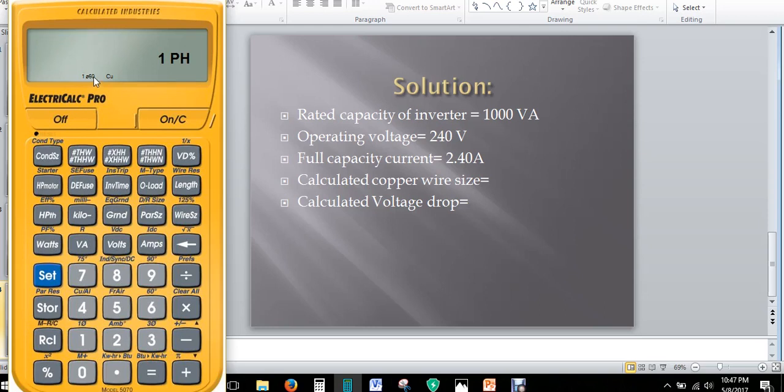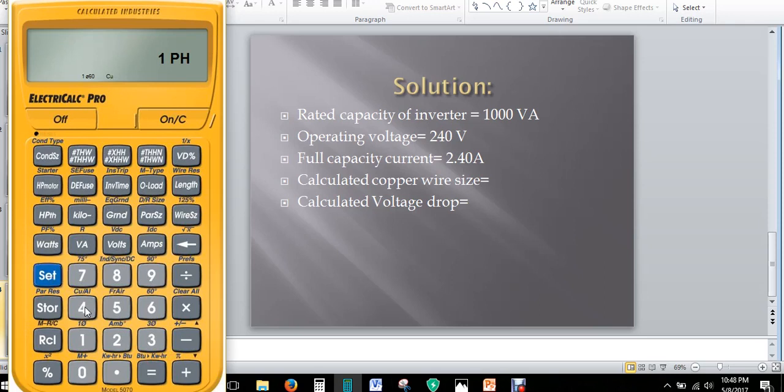And then next we are going to set the copper type or aluminum type, which type the conductor is going to be. For us it's copper, so let's set the conductor type to copper. Okay, that is set.